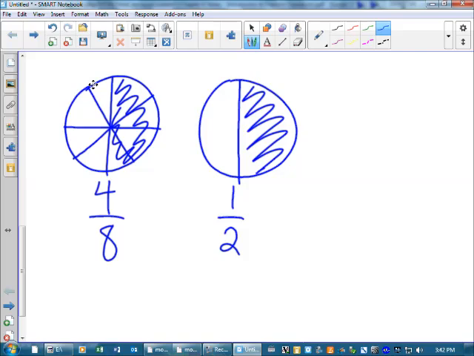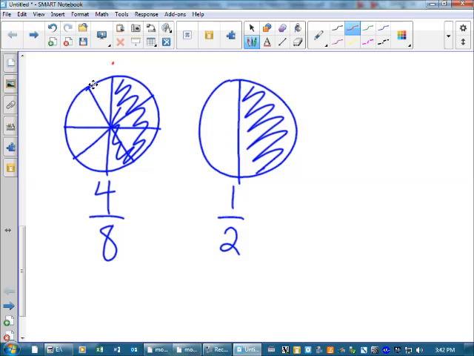So in this one here, there's 8 total pieces, and Jenna ate 4 of them. So we have 4 out of 8 pieces of pizza eaten. So that's that portion of the pizza. Over here, there's only 2 pieces to this pizza, and Justin ate 1 of them.